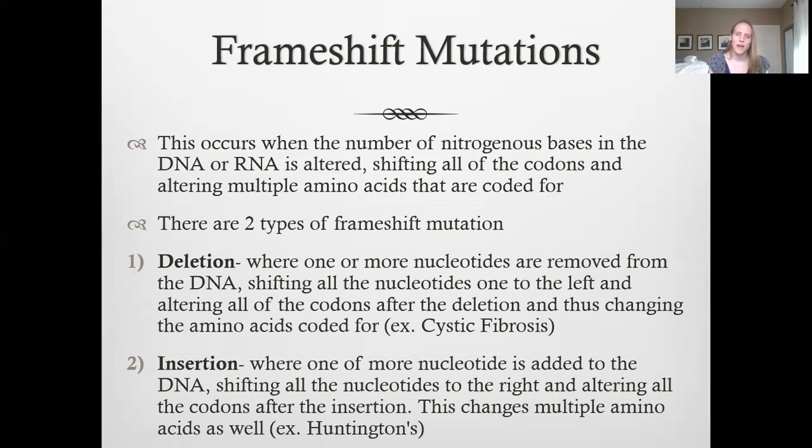And then you can also have a frameshift mutation, which is going to shift all of the nitrogenous bases from the point of the mutation onwards. There's two types of frameshift mutations, either a deletion or an insertion. With a deletion, at least one nucleotide has been removed from the DNA.